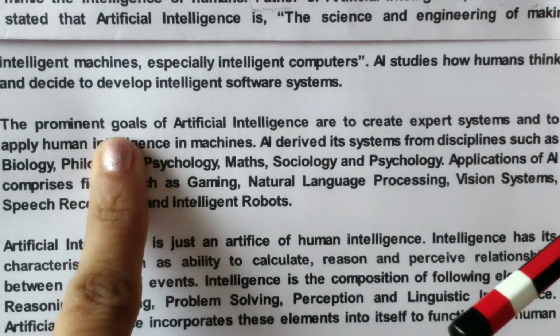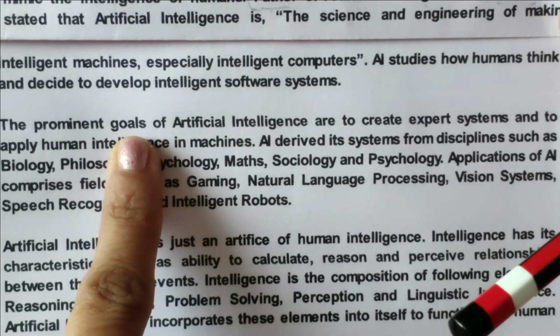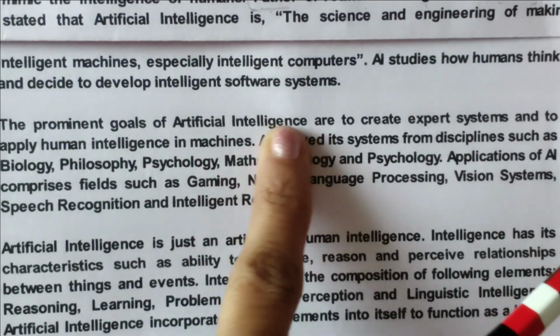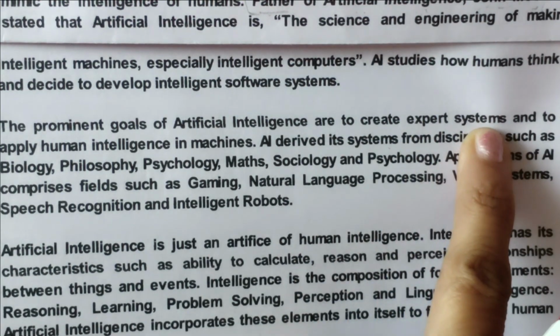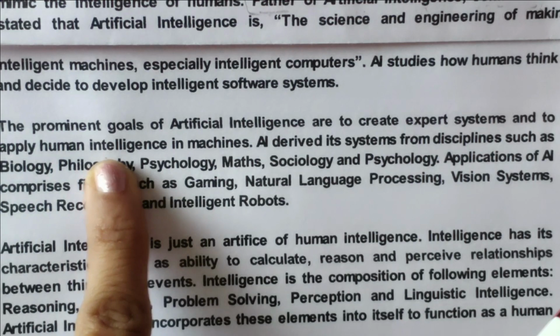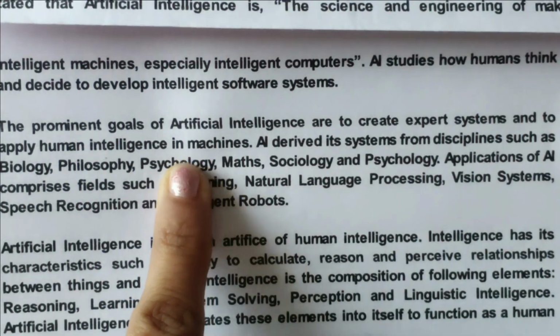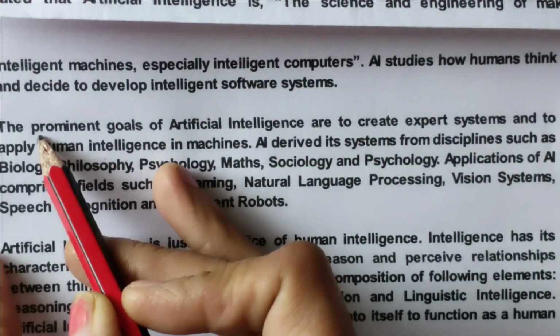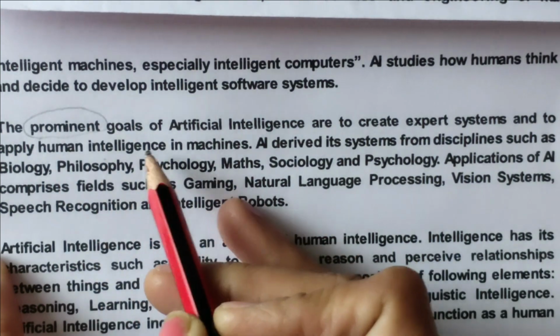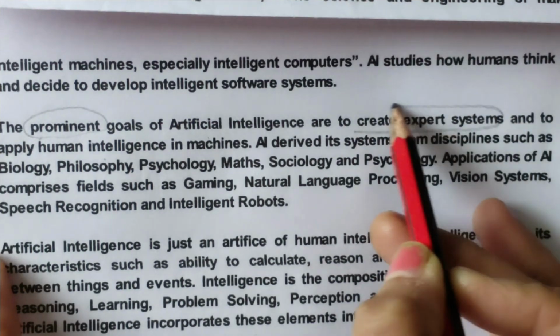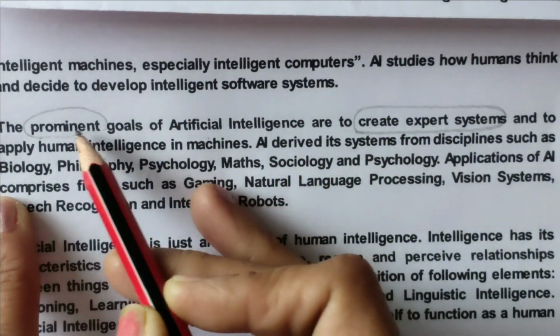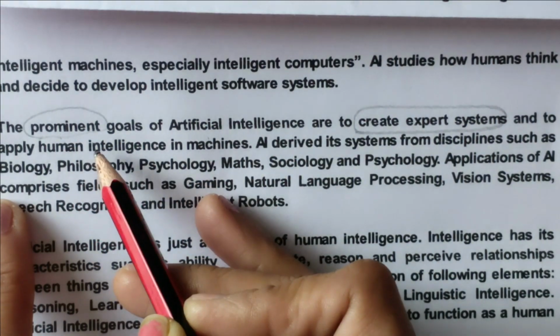See this, the prominent goals. The prominent goals of artificial intelligence are to create expert systems and to apply human intelligence in machines. So exact thing we have got, prominent goals, main goals of artificial intelligence are to create expert systems. But here prominent goal is given.